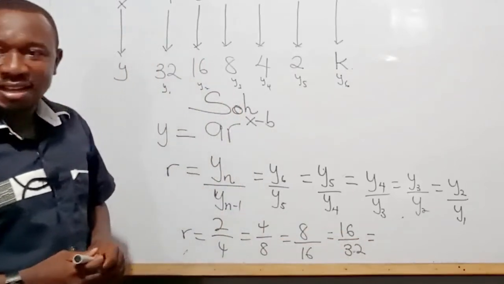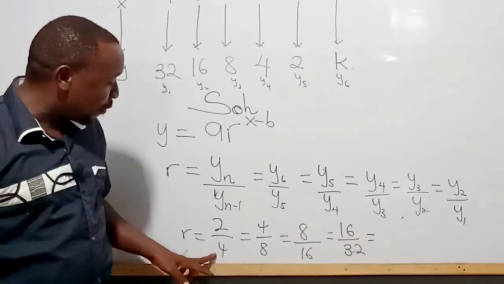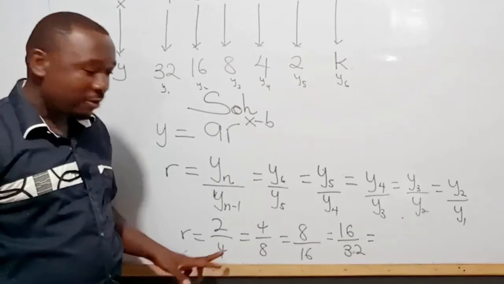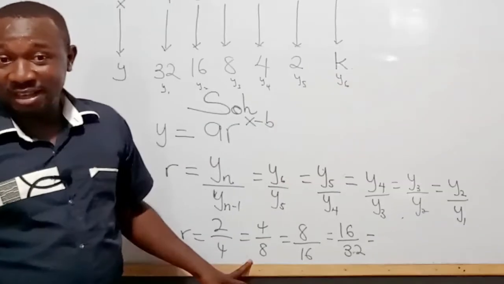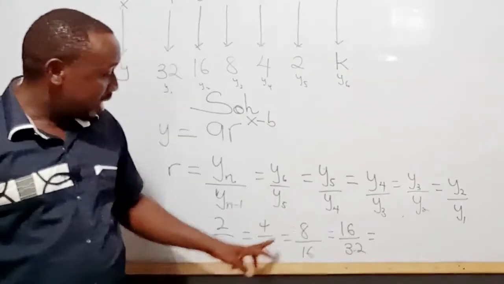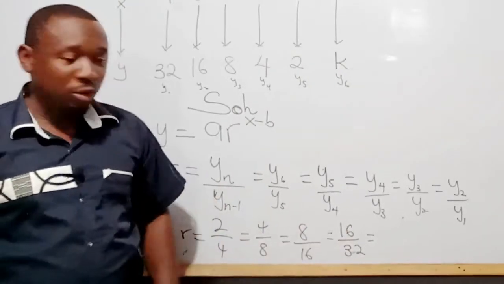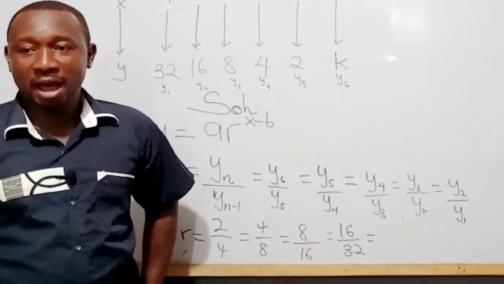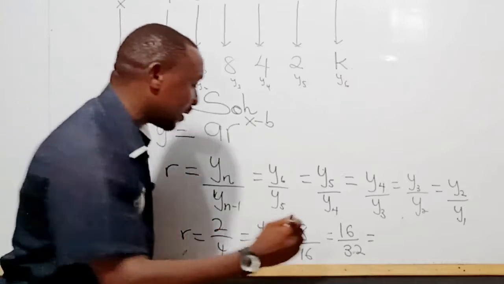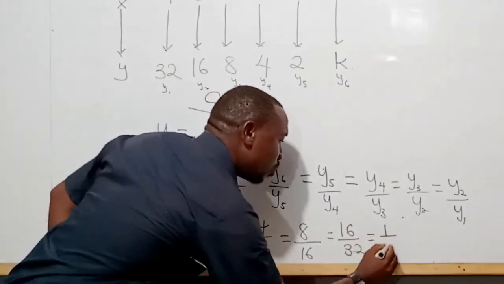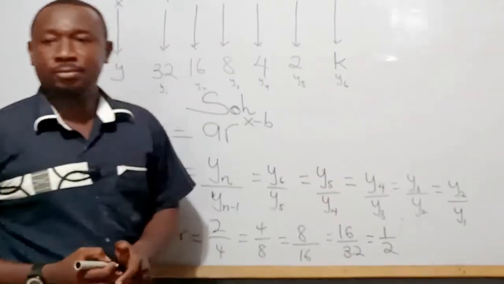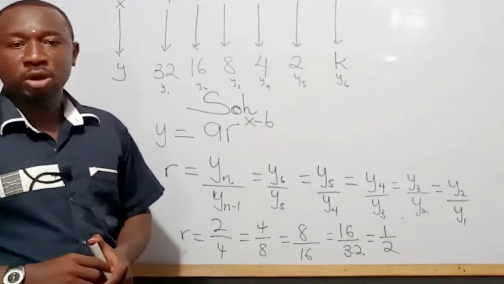You could see clearly that 2 out of 4 is half. 4 out of 8 is half. 8 out of 16 is half. And 16 out of 32 is also half. So this gives us the common ratio, which is half. The common ratio is half.